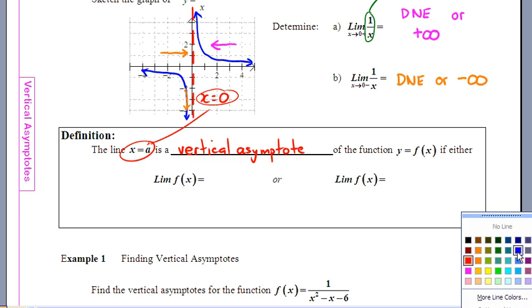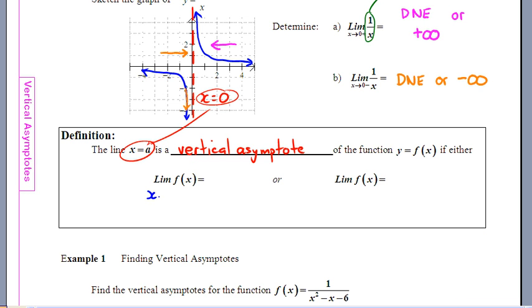If the limit, as you approach a from the low side, gets out of control by either being really big or really small. It could either be plus or minus infinity, up or down, we don't care. Or maybe the graph over on the high side goes totally out of control, either really big or really small.